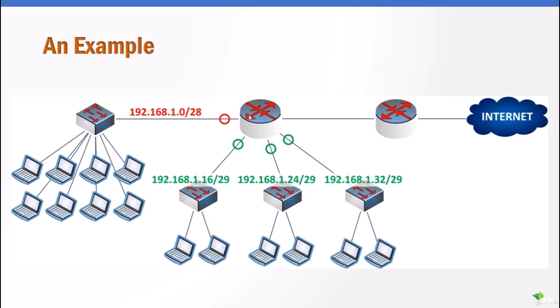The network between the router and the switch on the left is 192.168.1.0/28. The 3 switches that have only 2 laptops connected to each one of them are /29 networks. And then we have another network between the 2 routers, between our old router and our new router.